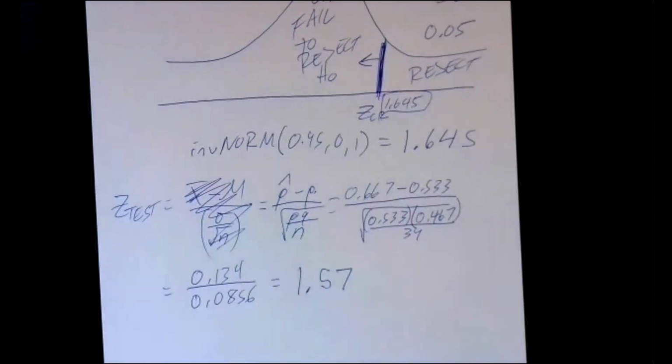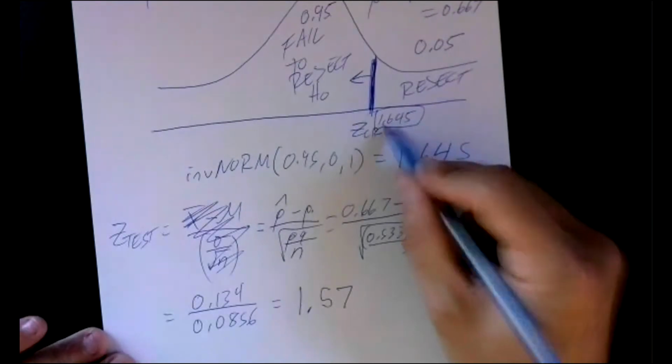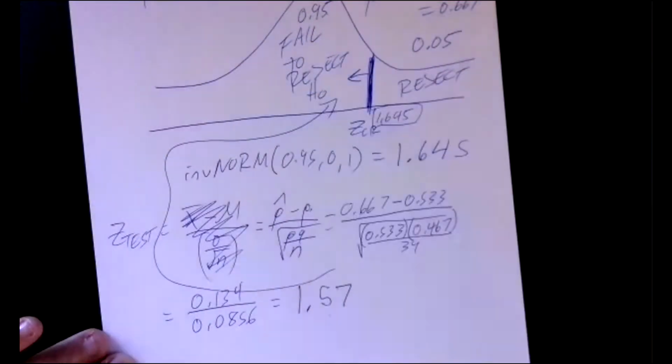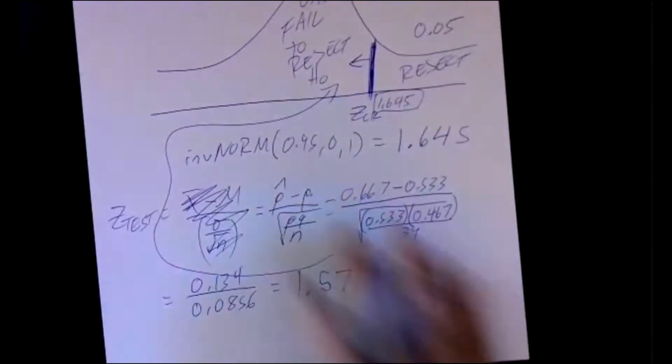The test statistic is 1.57. Now, the critical value is 1.645. The test is 1.57. That will land over here on the left. So, our decision, therefore, is we fail to reject the null hypothesis.